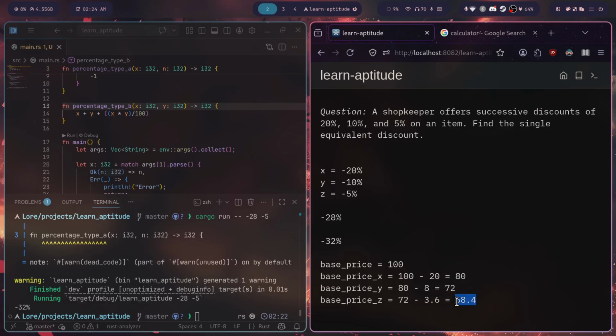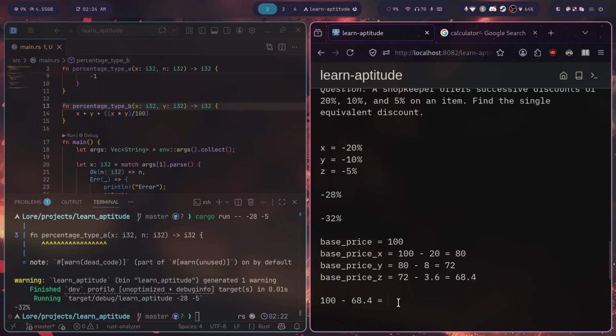Now since it is a discount, from the total value, this is the base price, to the final value, which is 68.4, how much discount did I get?